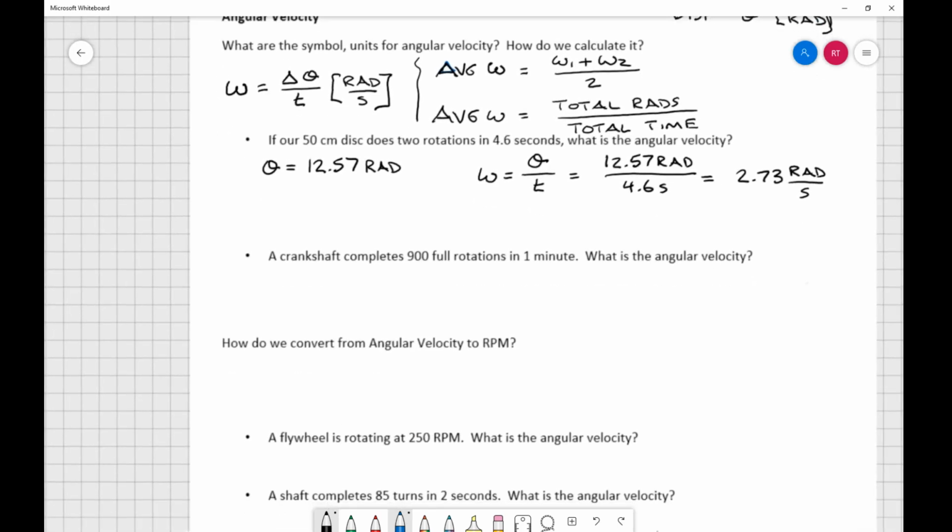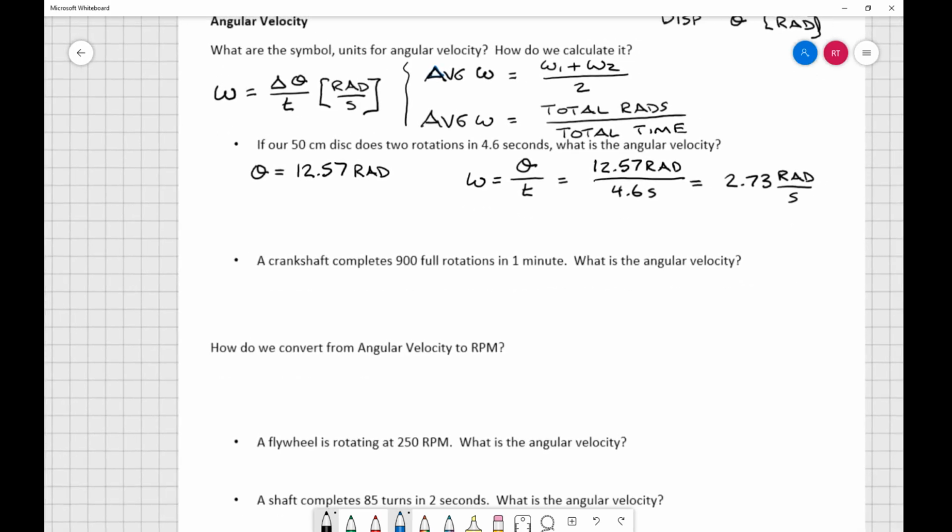A crankshaft completes 900 full rotations in 1 minute. What is the angular velocity? Omega is the change in displacement compared to time, so 900 rotations per 1 minute.